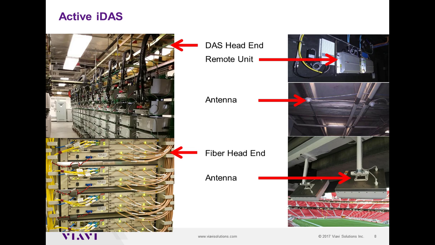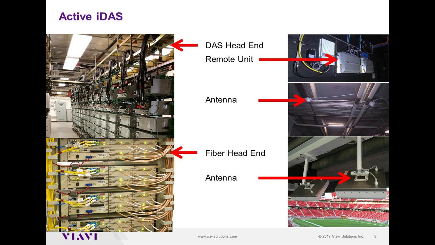Now it's a little more complicated, and we'll see a couple of pictures. You will see splitters and combiners. Basically, one remote radio unit may have multiple antennas connected to it, so you may have certain splitters going around there as well. It is a little bit more complicated, but the idea is there. You have a head end on the active DAS where you convert the RF signal into the digital domain.